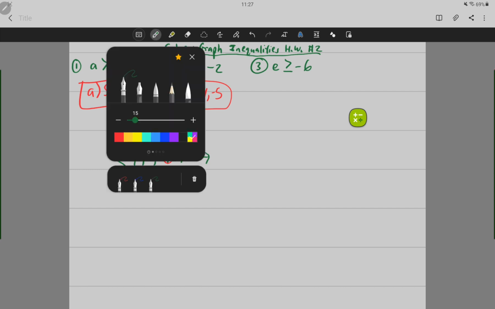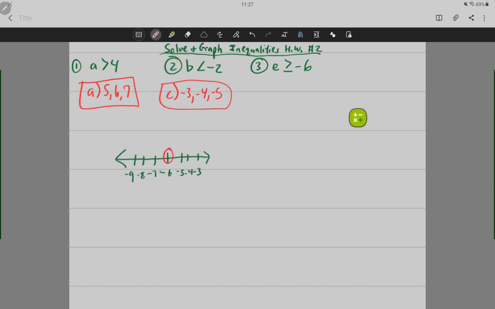Okay, so now be careful. It says e, or the number that is greater than or equal to. Don't forget that. This means I have to include that number of -6. That has to be my first integer, since it says or equal to.